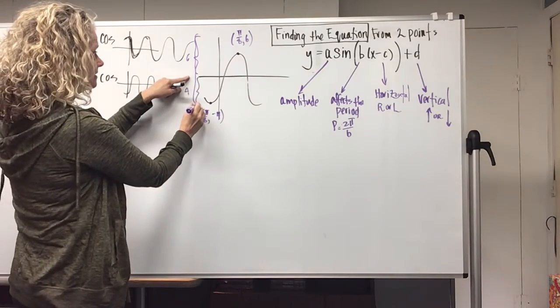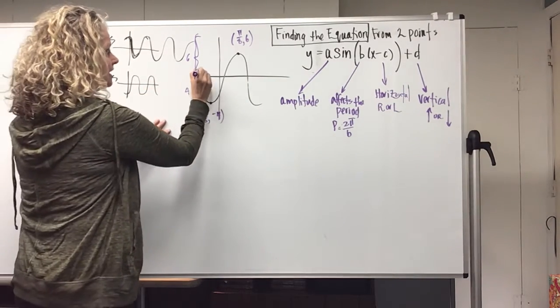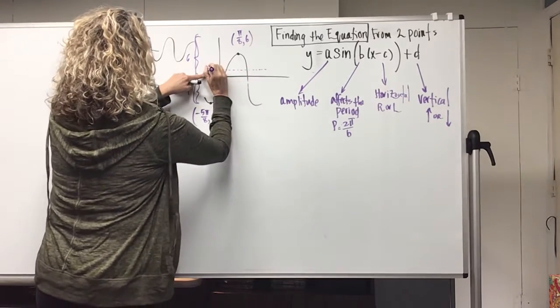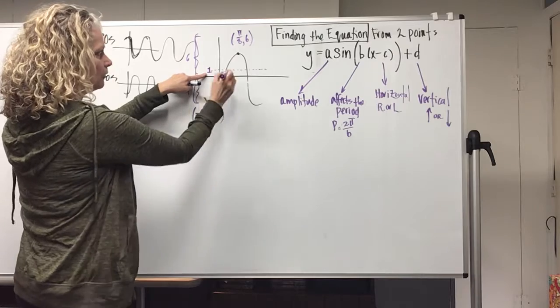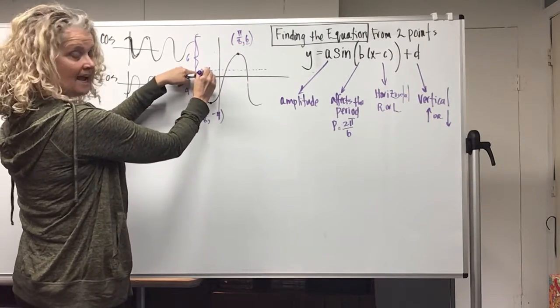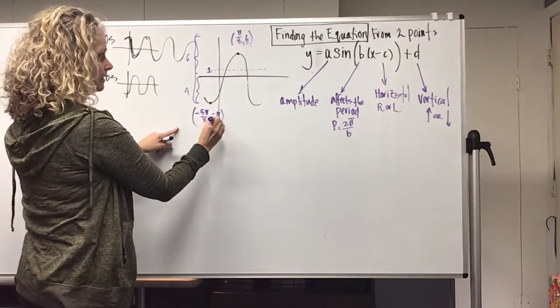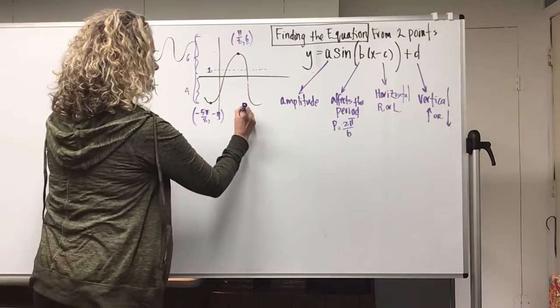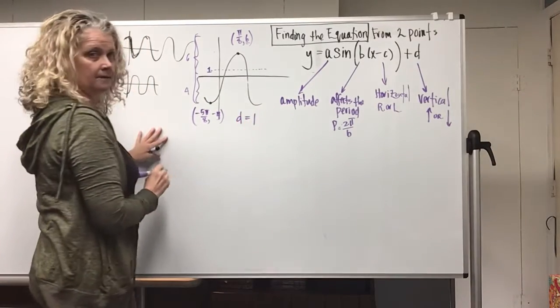So that means half of that is going to be 5. So noticing here, if we're at 1 and we go up 5, we're at 6. If we're at 1 and we go down 5, we're at -4. So we have established that our baseline or principal axis, which is our D term, is 1.